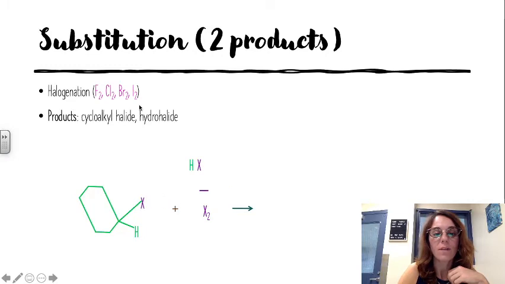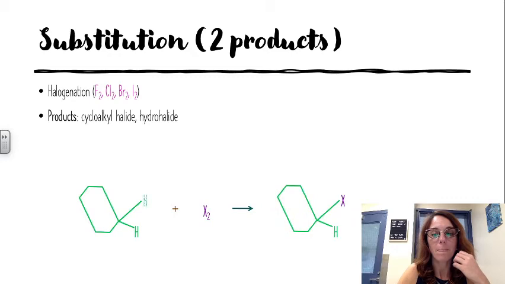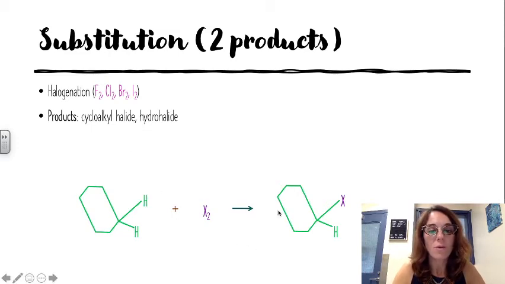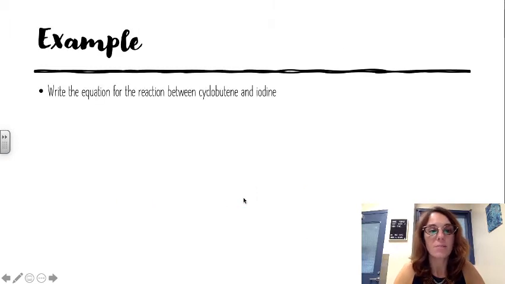And then we're left off with a cycloalkyl halide. So cycloalkyl, and now we have a halogen. Highlighters are your friend here again, so you can see what's happening. And just like before, the catalyst for this reaction will still be heat in this case.